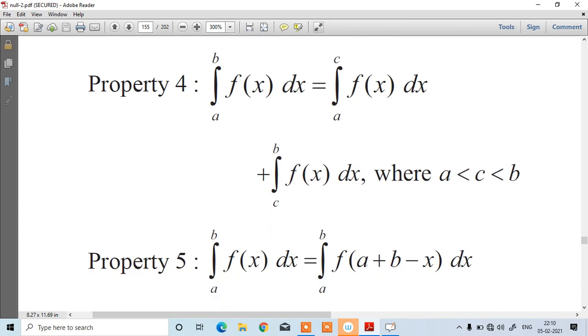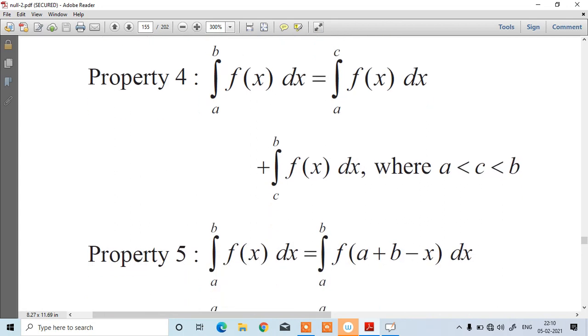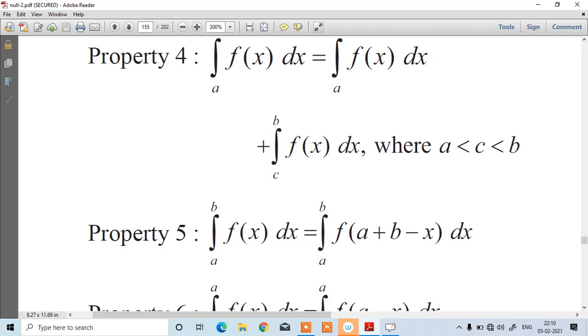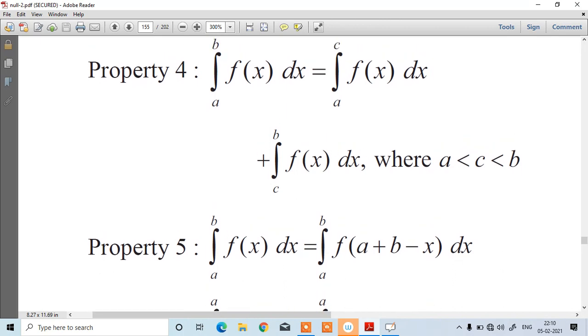Now see property number 5. This is a very important property. It says that if the integration from a to b of f of x dx is given to you, but f of x is a complicated function, suppose, then how will you simplify this? You have to replace x here with a plus b minus x.